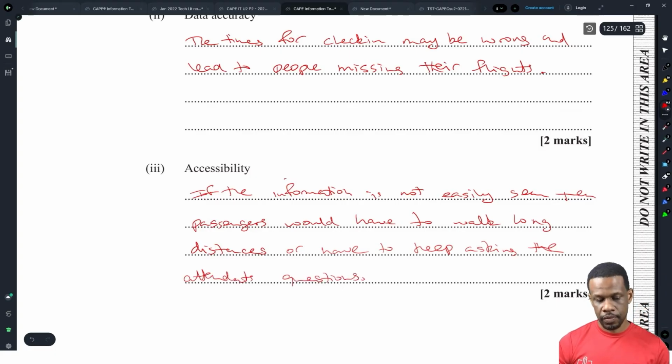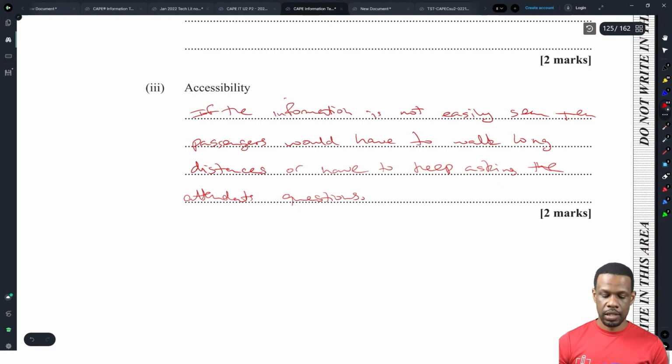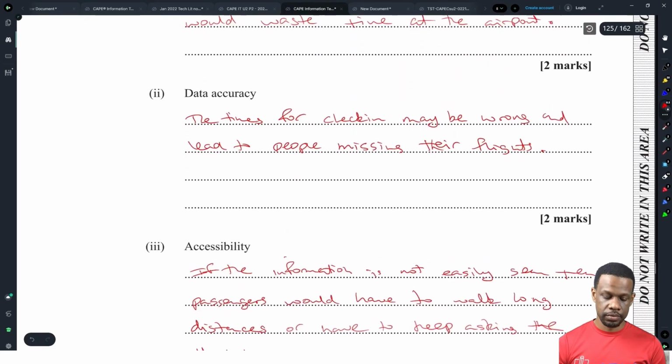Accessibility in an airport, if you don't have enough monitors, you won't be able to see and you'll have to walk long distances. That sounds bad enough. What else for accessibility?